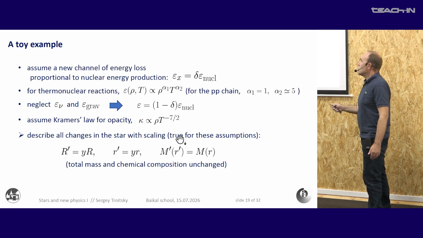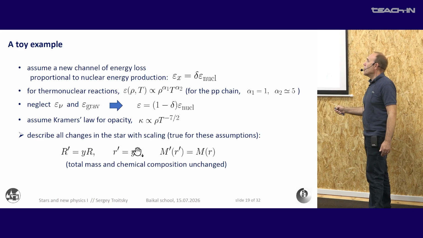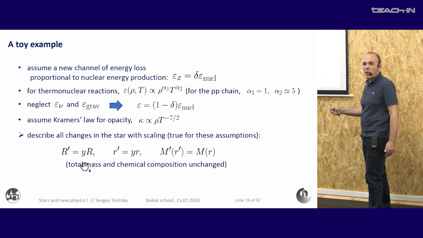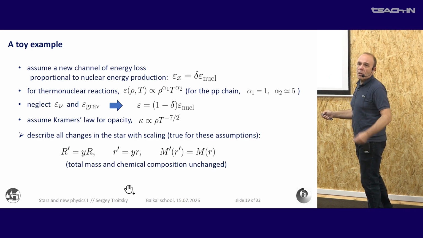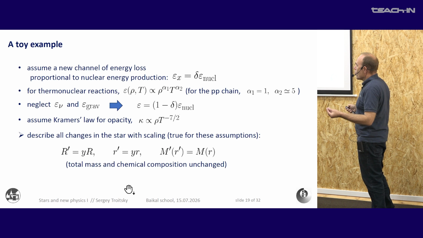Then all the changes in the star can be obtained by scaling with some scale parameter, which we call y for the moment, and we don't know what it is.